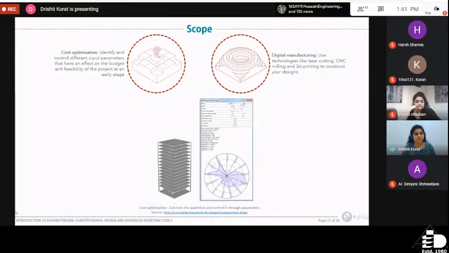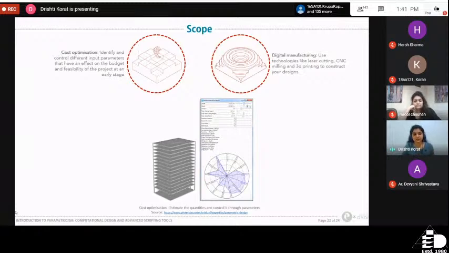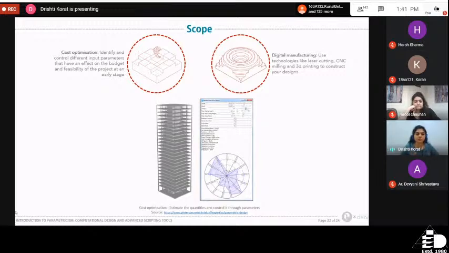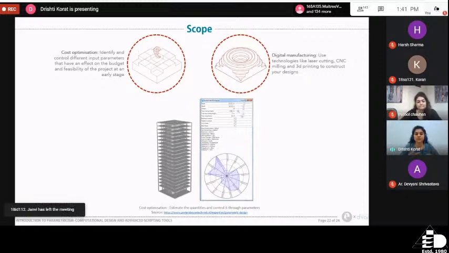Of course, cost optimization. At the academic level, we do not talk much about cost optimization, but as soon as we step out, budgets are always super important drivers, or very important aspects of design.